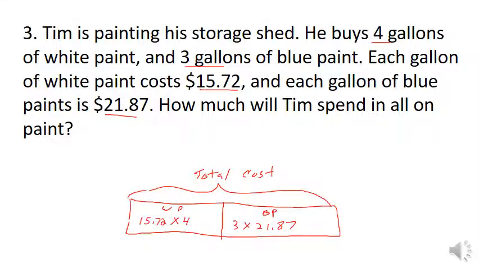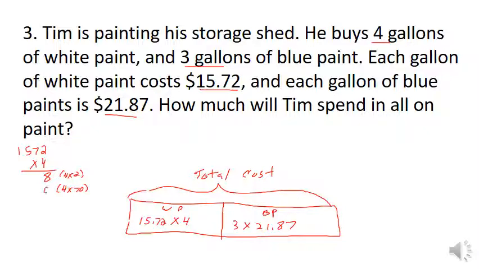So now the first thing I'm going to do is solve for white paint. I'm going to take the decimal out just to find the digits that belong, and I'm going to multiply it out. 4 times 2 is 8. So I got that through the partial product. Next is 4 times 70.